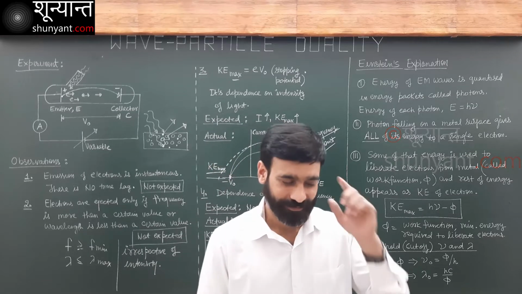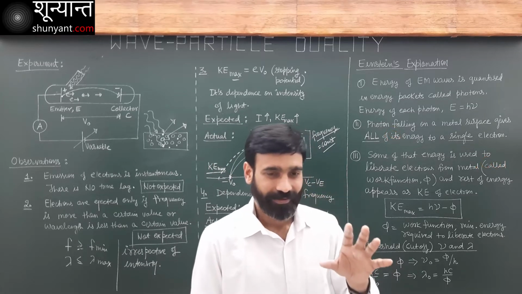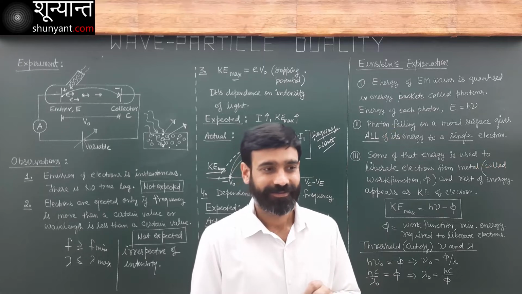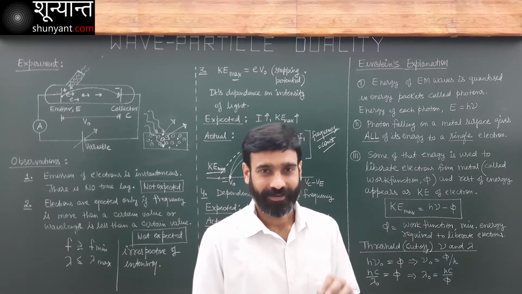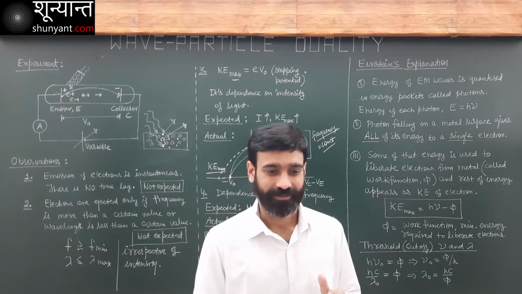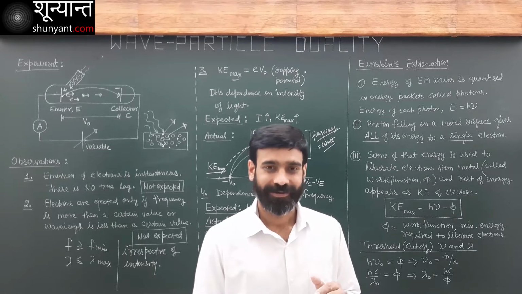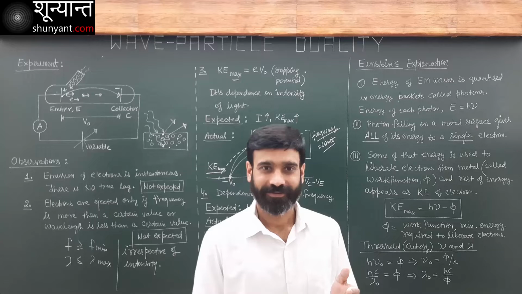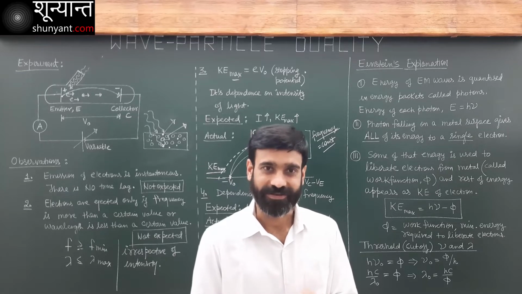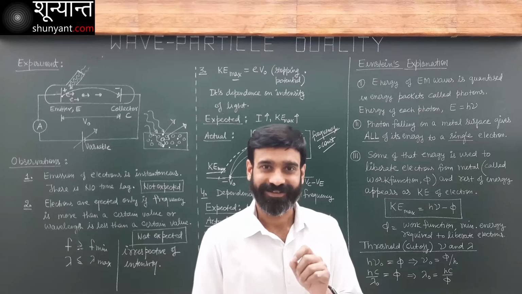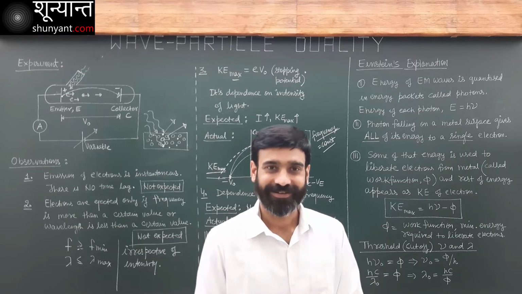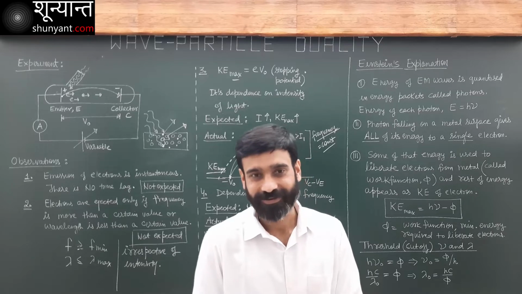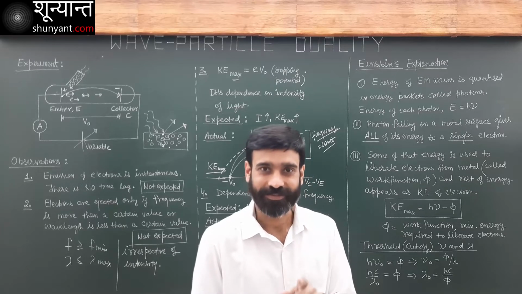Actually, whether it is light or a particle, a given entity behaves like a particle or wave depending on your observation. If you want to observe it like a particle, it behaves like a particle. If you want to observe it like a wave, it behaves like a wave.